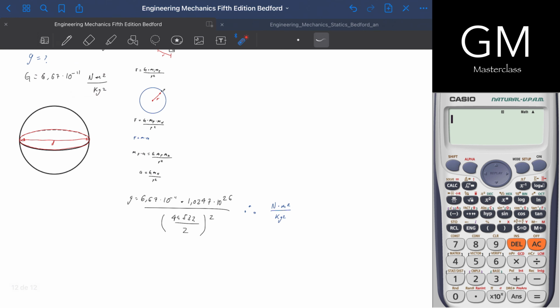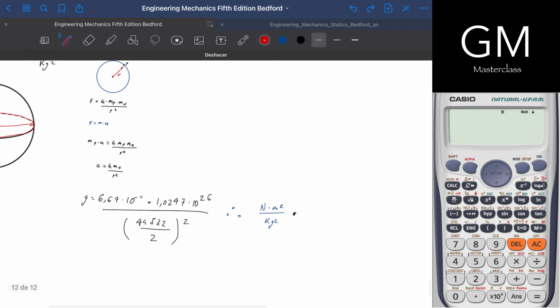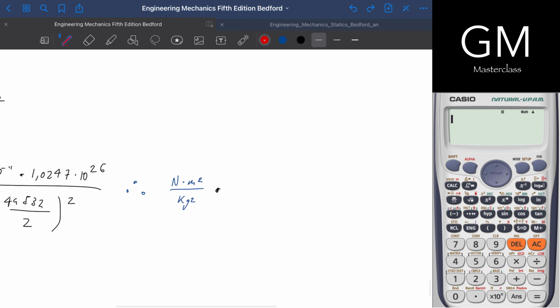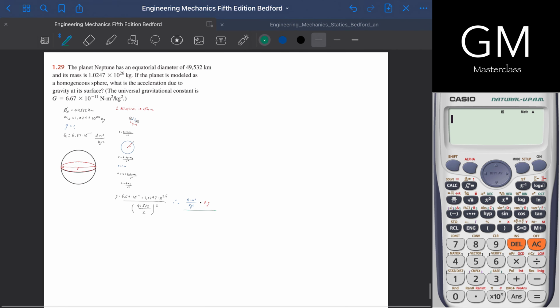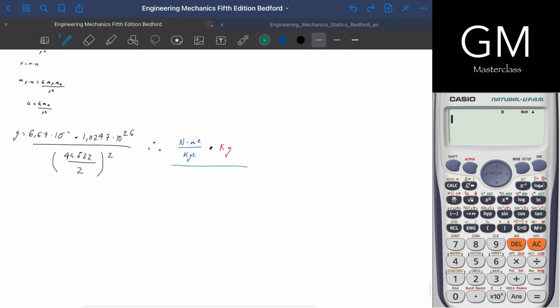Right here I have the units of this, multiplied by the units of this, which are kilograms, divided by kilometers to the second power because of these two. Kilometers to the second power.